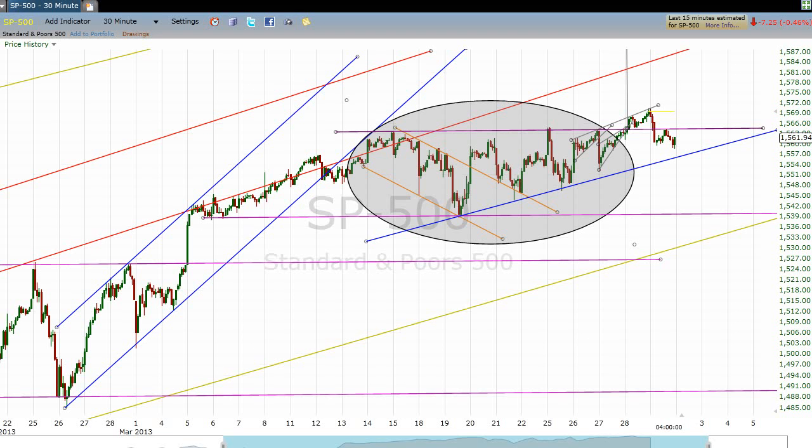Okay, looking at a 30-minute chart. Each candle is 30 minutes. You can see that today, with the weakness, the fact that we did not get over 1565 with that 1% margin apparently is significant. The fact that it is not significant is significant, if you know what I mean.